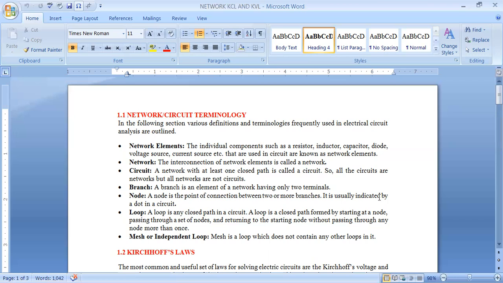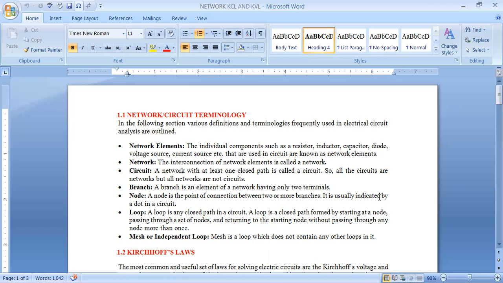Clear all of you? Right. Now we'll explain what network elements are. The individual components such as the resistor, inductor, capacitor, diode, voltage source, current source, etc. that are used in a circuit are known as network elements.